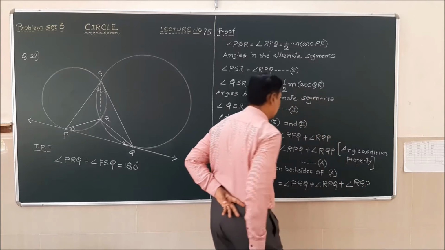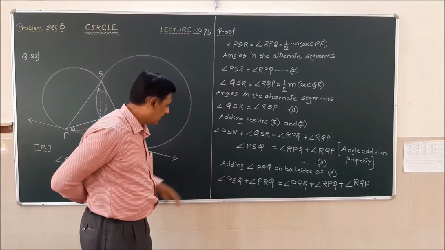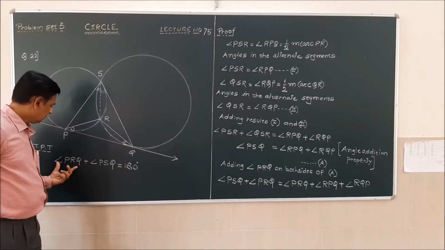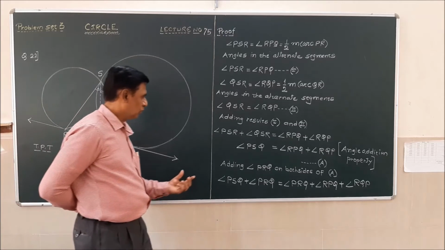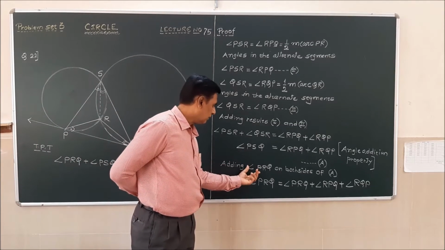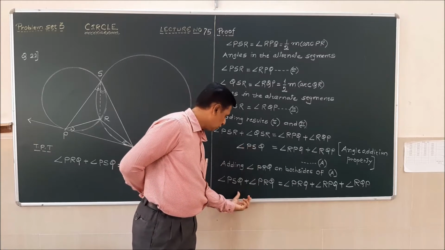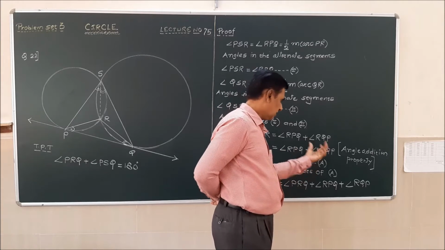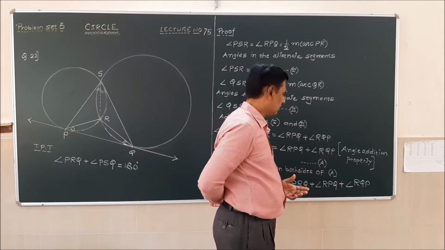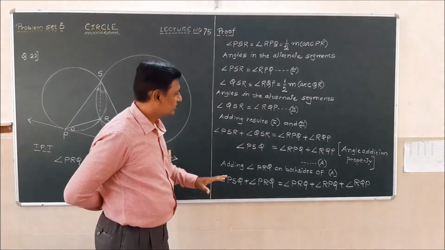In this case, since I have to get PRQ added with PSQ, I add angle PRQ on both sides. So angle PRQ plus PSQ is equal to PRQ plus RPQ plus RQP. This is the result we have got.